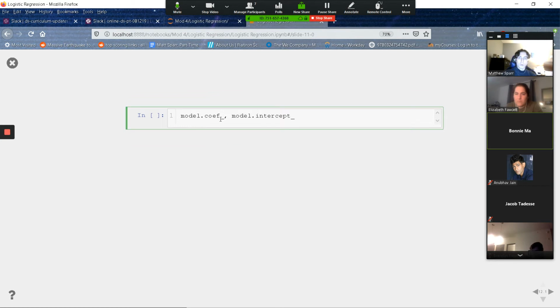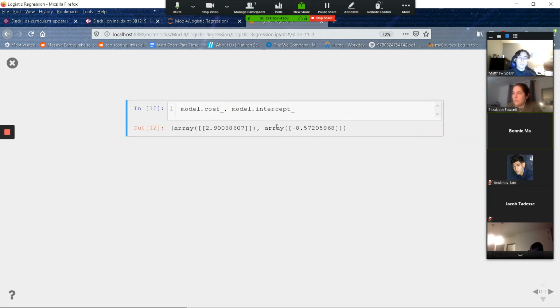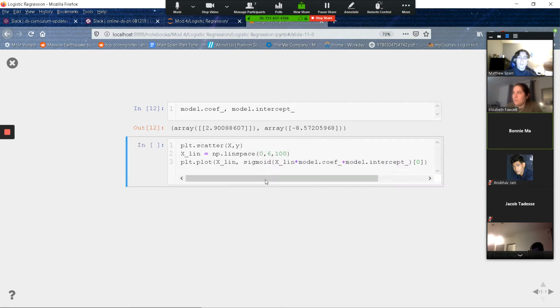With our model, we can get our coefficient and intercept, like so. Now using that, we can use our sigmoid function and some random x values. Basically multiply all the x values by that coefficient, add the intercept, plug that into the sigmoid function, and plot that versus our x values.